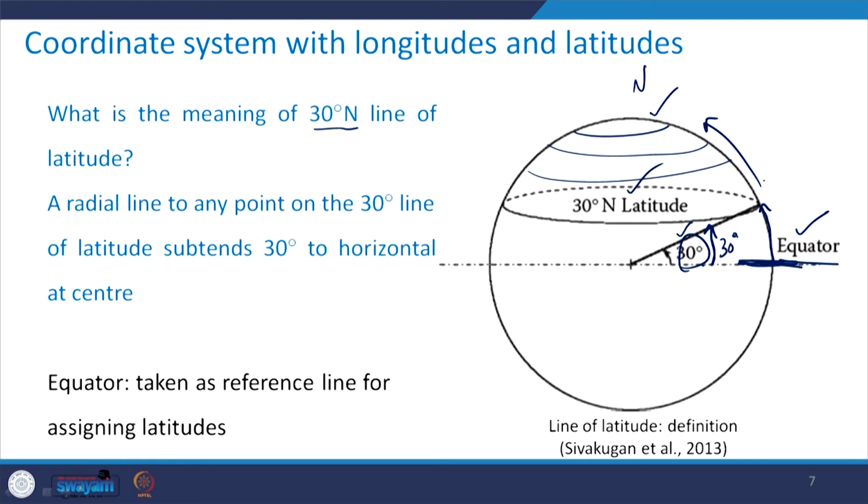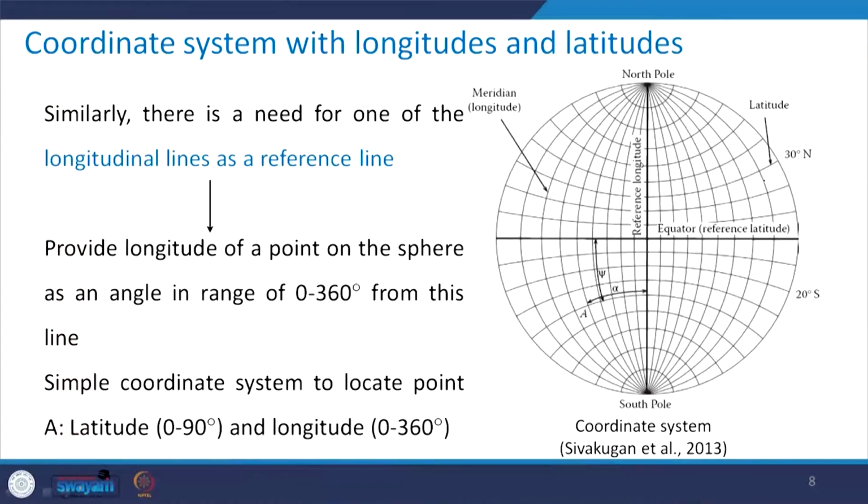Similarly, as we had the equator as a reference plane for latitude, there is a need to have a longitudinal line, any one of the longitude lines, as a reference line. That will provide the longitude of a point on the sphere as an angle in the range of 0 to 360° from this line. Have a look at this figure.